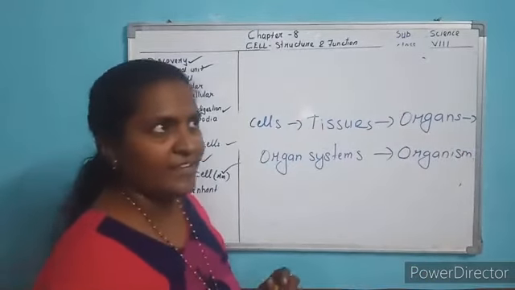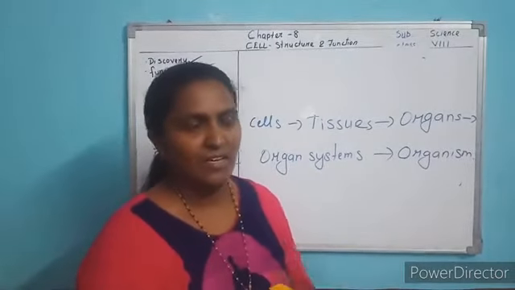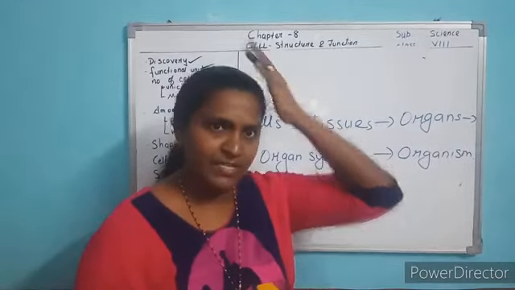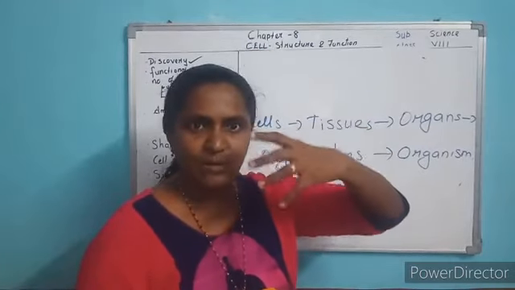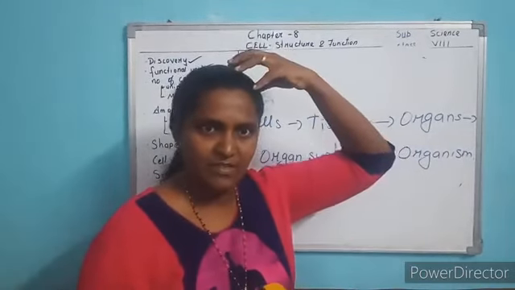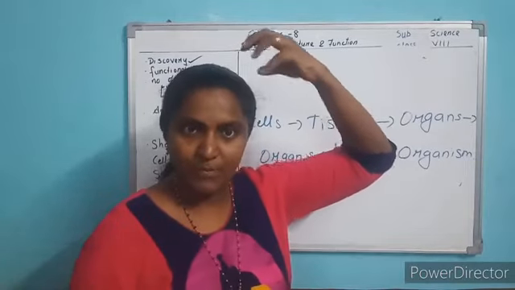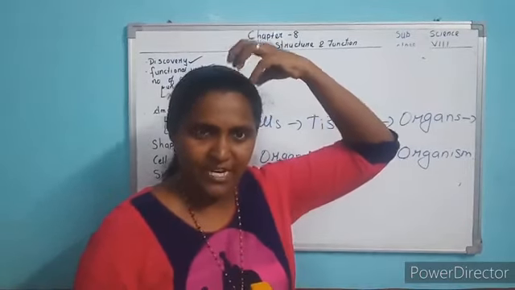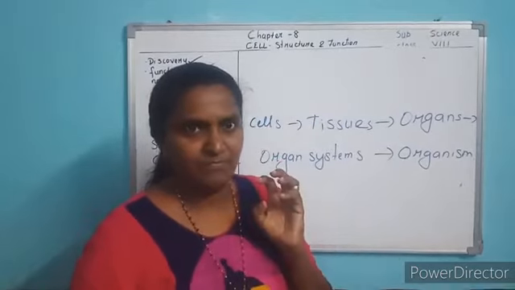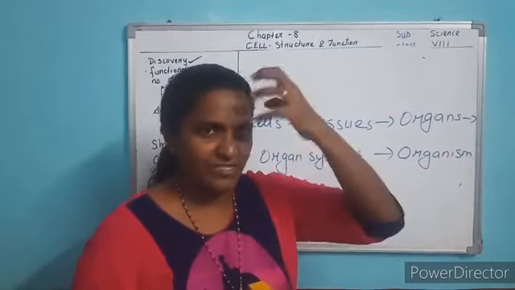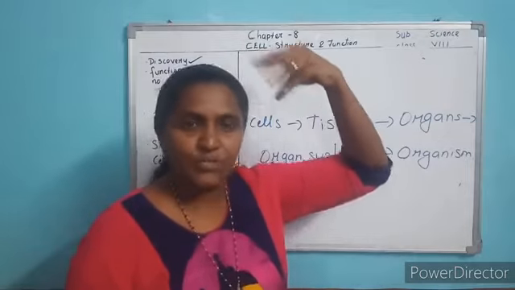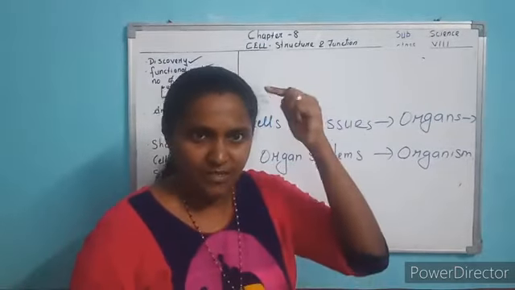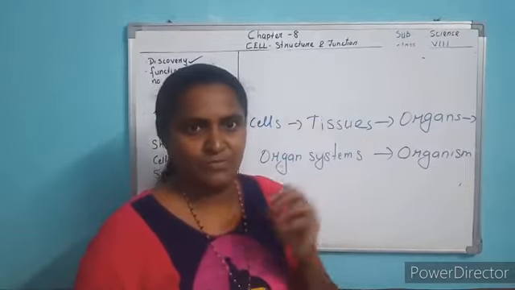Okay. For example, in the brain I told you there are 3 parts, no? Cerebrum, cerebellum, medulla oblongata. Take the cerebrum. Many same cells are joined there and perform the same function. Together these cells form tissue.